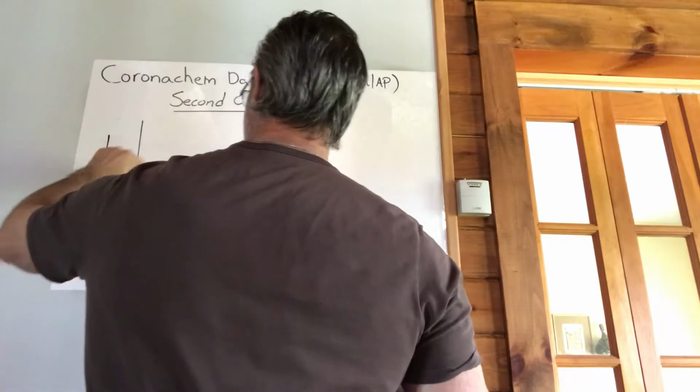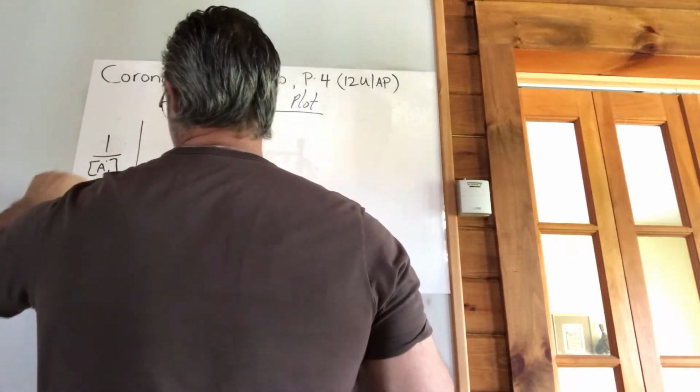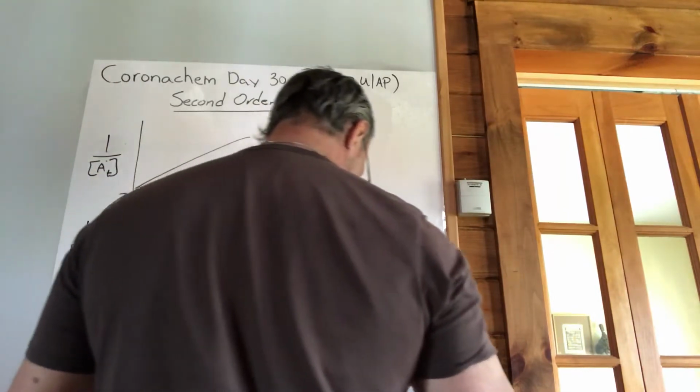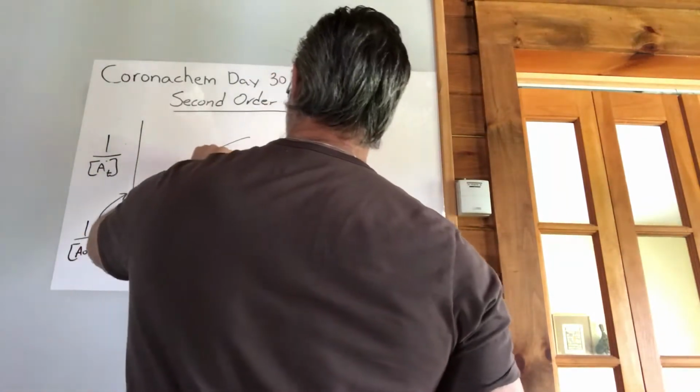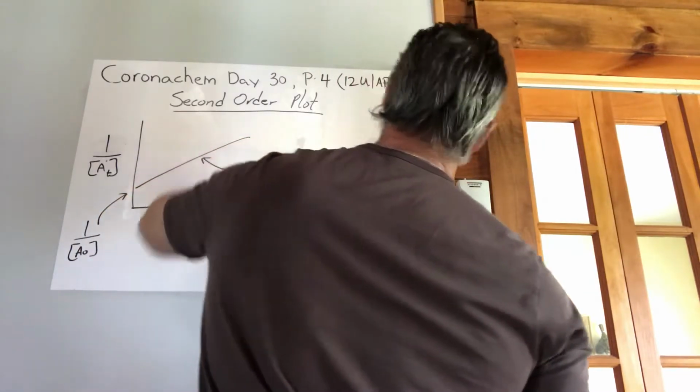That will give you a straight line with 1 over A naught as the intercept, and the slope in this case, m, will be delta y over delta x, and it will equal positive k.